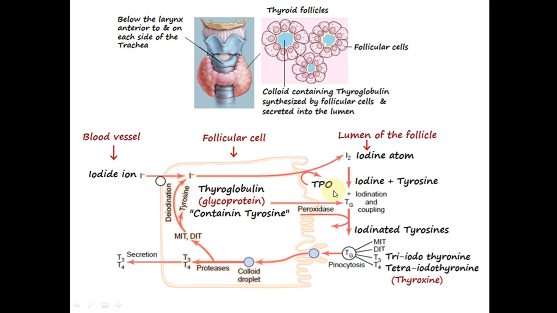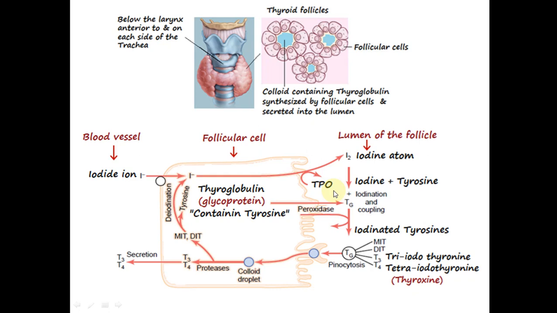Now, the thyroglobulin, which is a glycoprotein secreted by the follicular cells, contains the amino acid tyrosine. And the iodine in its atomic form will bind to the tyrosine to form the thyroid hormones. This is called iodination of the tyrosine.